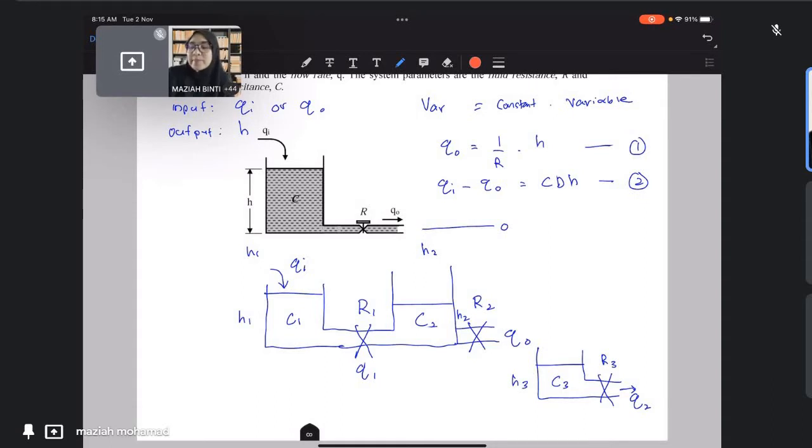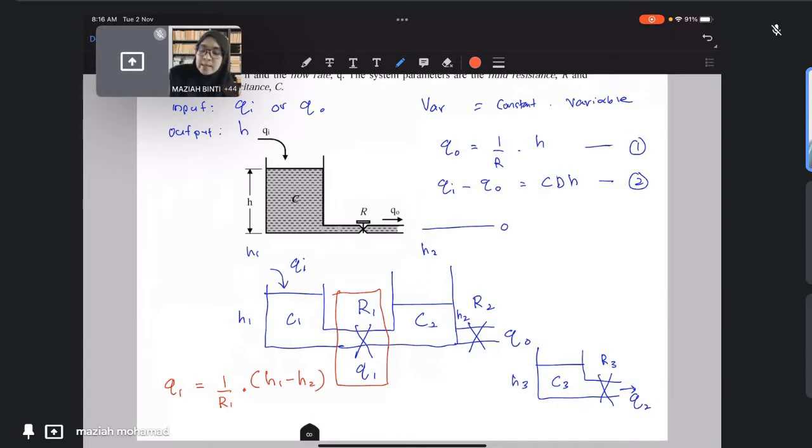First equation for tank number 1. Okay, so we consider this part here first, right? So Q1 is equal to 1 over R1 multiplied with H1 minus H2. Since there is a level H2 there, therefore H1 minus H2.